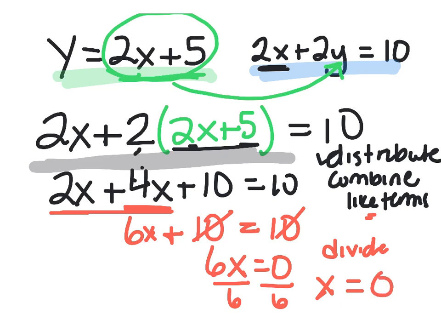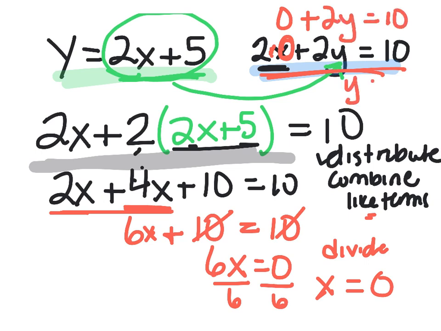Once you find out what x is, then you can go ahead and plug it into either equation. So I don't care which equation, because once I know what x is in one of them, I'm looking for where they're the same. So I'm going to go ahead and I'm just going to choose this one. So 2 times x is 0, 2 times 0 is 0, and 0 plus 2y is 10, so y is going to equal 5.